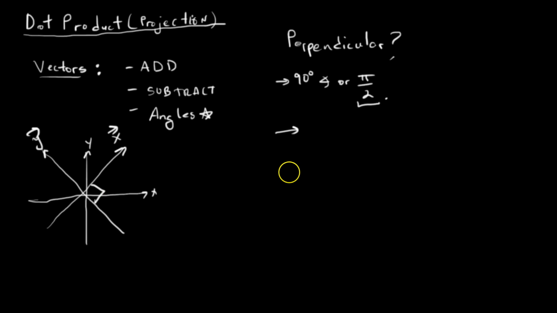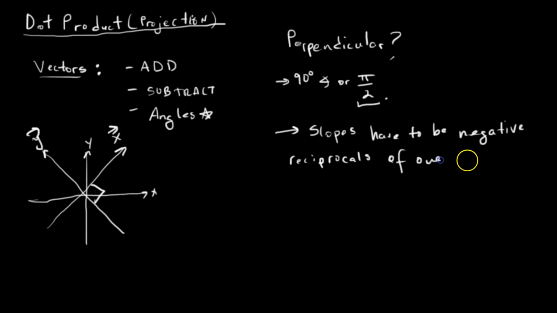Well, they have to be negative reciprocals. The slopes have to be negative reciprocals of one another, right? And this is very important.